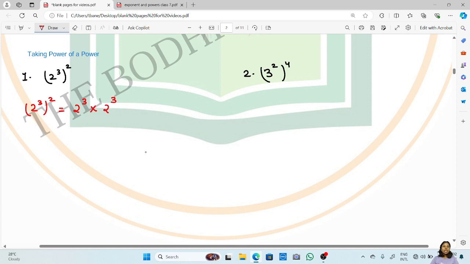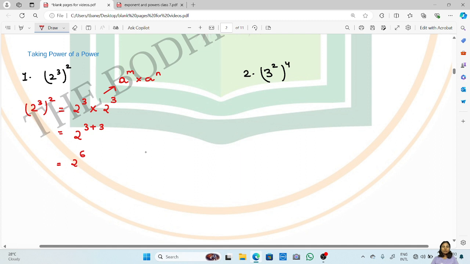Okay, understood? So this we can write in which form now? This we have already learned. So this is A raised to M into A raised to M. So this we can write as 2 raised to 3 plus 3. Therefore it will be 2 raised to 6. Understood? So when we have a power of a power, what we simply do is the first power that we have, we try to expand it.